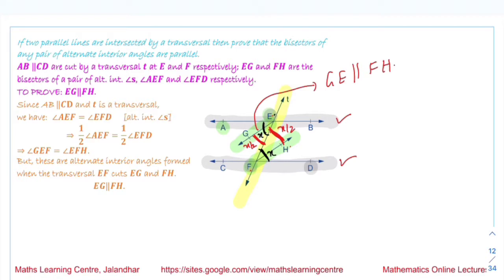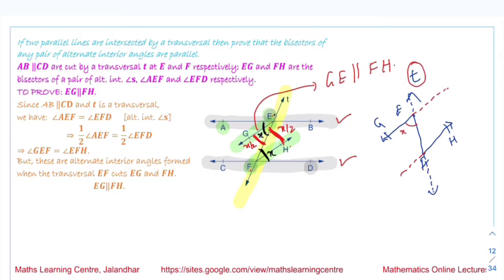So if I look at the figure like this, this is G over here and E over here, and F over here and H over here, and this is the line T. We are considering GE as a line and FH as a line, and T is now the transversal for these two lines.